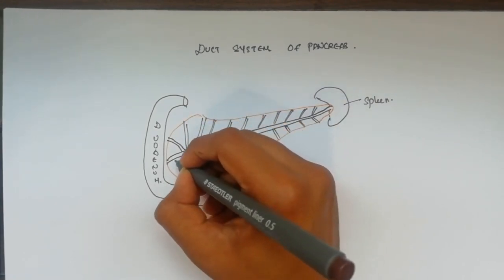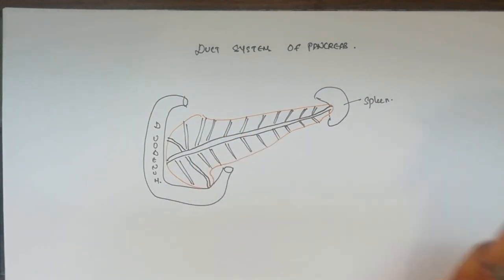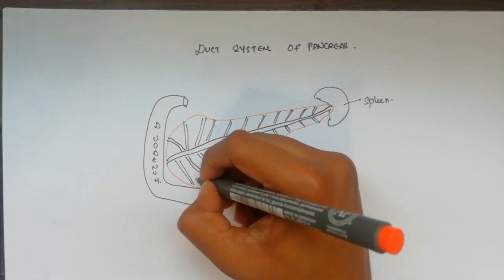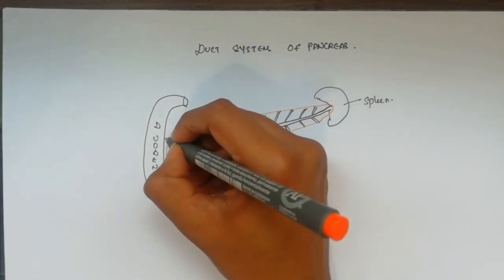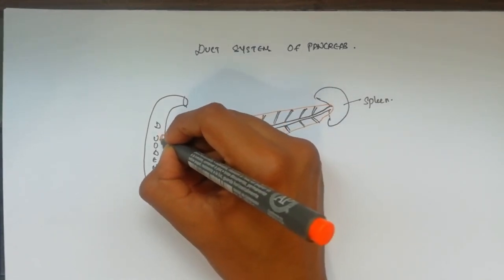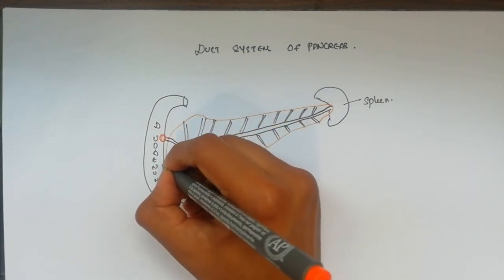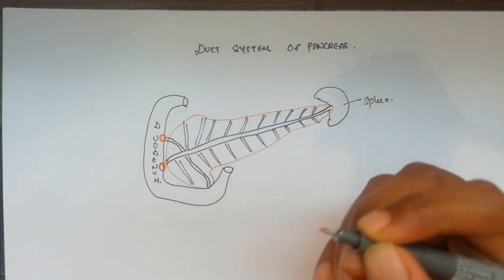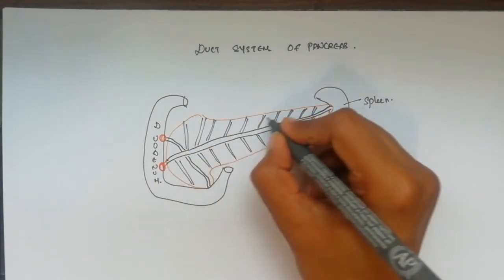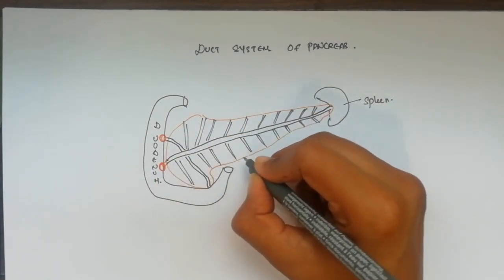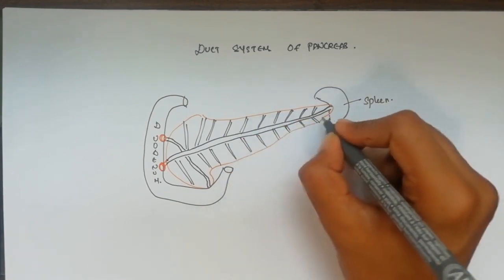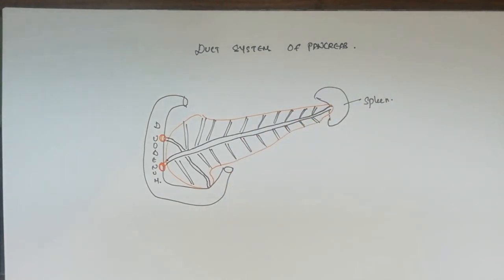This is the uncinate process duct which is opening in the upper aspect, and this is the main pancreatic duct which is opening in the lower aspect. This pattern of smaller ducts draining into the main pancreatic duct, we call the herringbone pattern. Herringbone is a type of fish which has this type of bone pattern in its body.